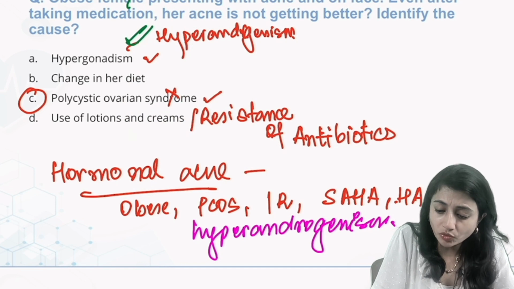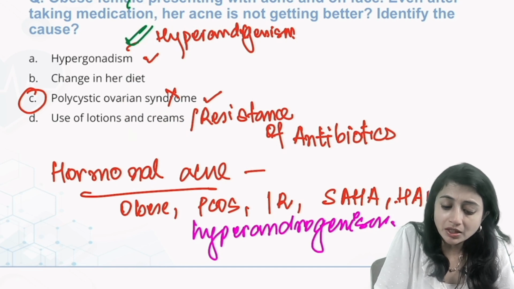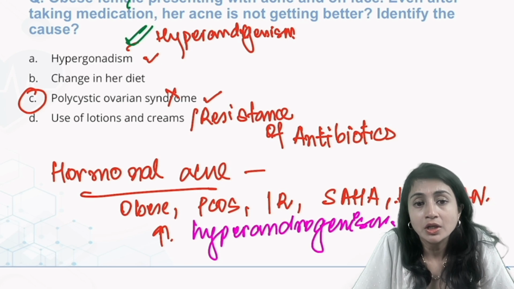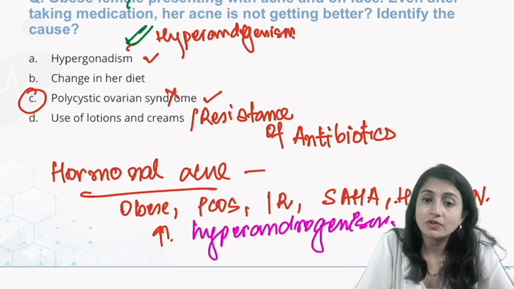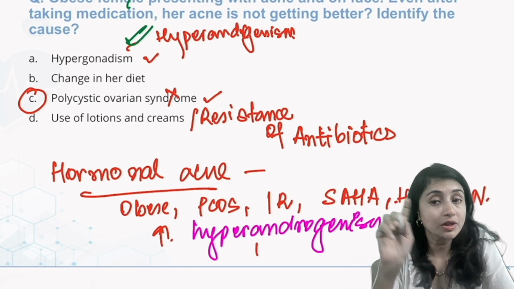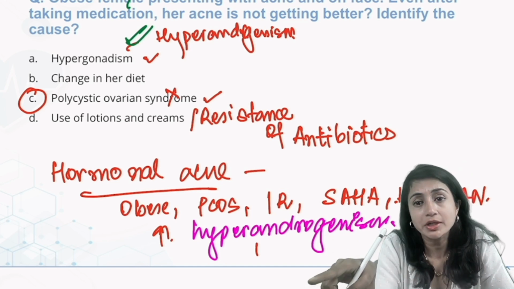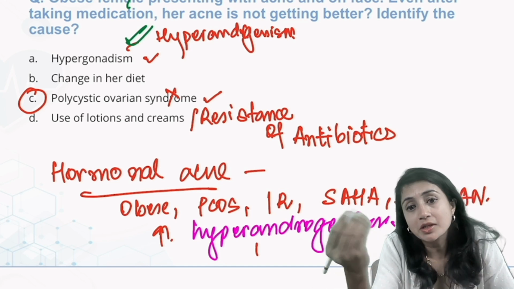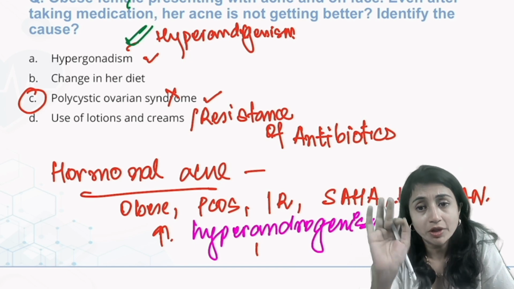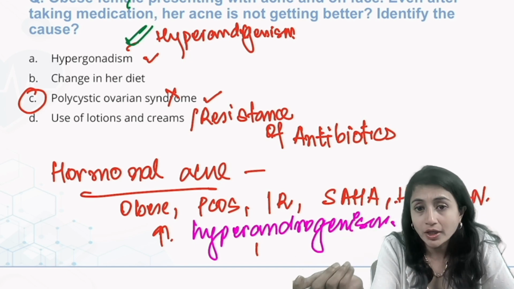What do I mean by hormonal acne? That there is increased androgen production, which can lead to acne being resistant to treatment with antibiotics and retinoids. Why? Because there is increased androgen. Till you don't treat that, the patient will not get better.